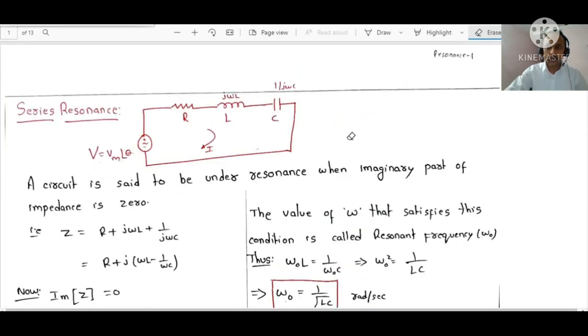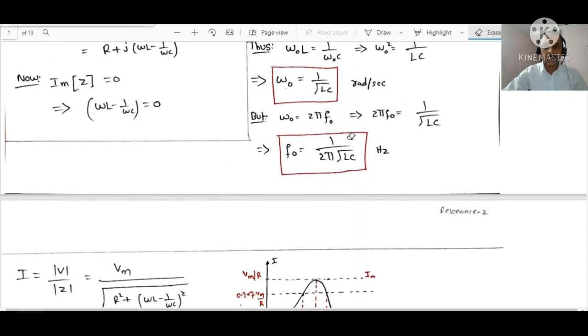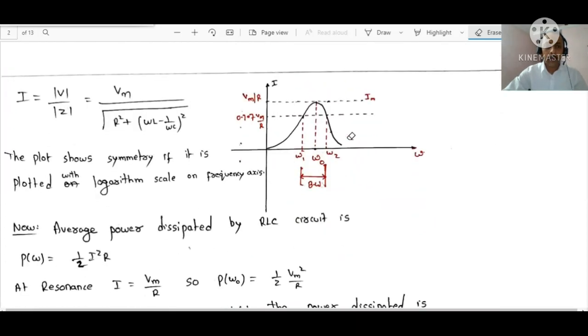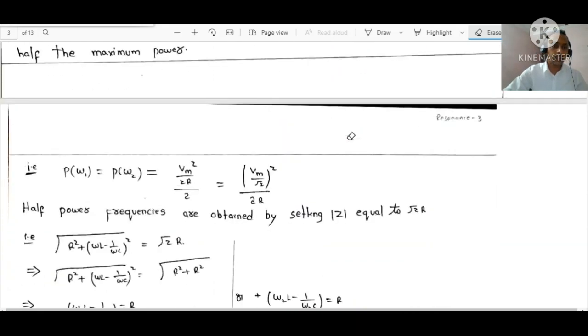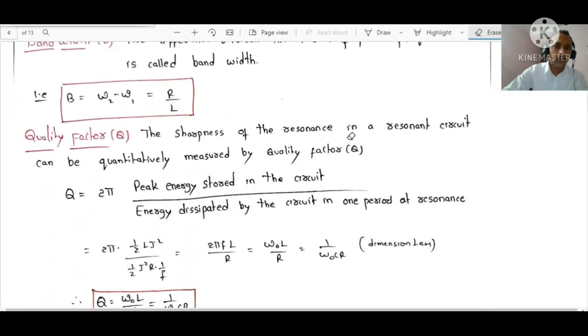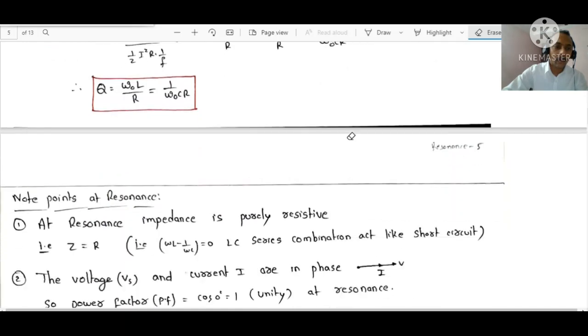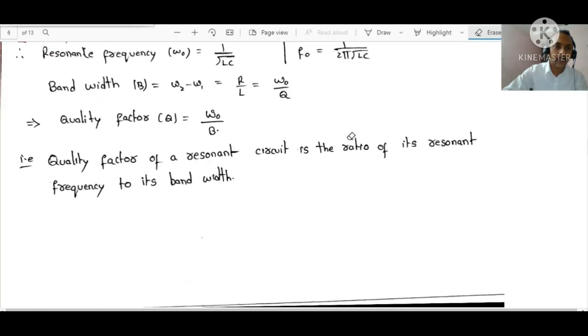First, we will discuss series resonance, where R, L, C are in series, and there we will discuss the resonant frequency and its half power frequencies omega 1, omega 2, and slowly the bandwidth, quality factor, and some important points to be noted at resonance, and finally a summary.